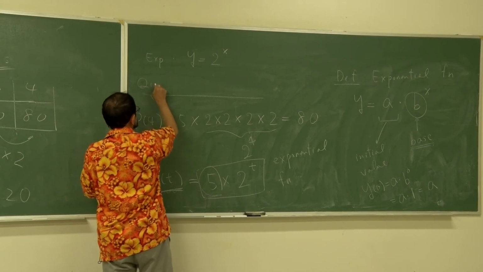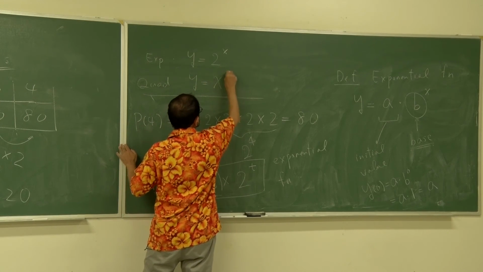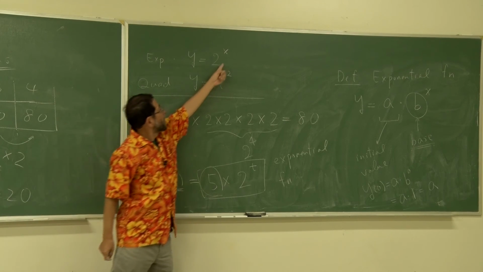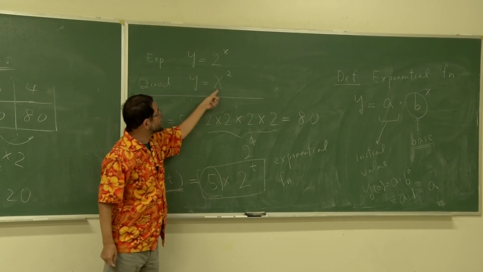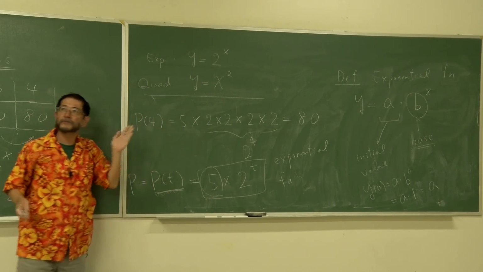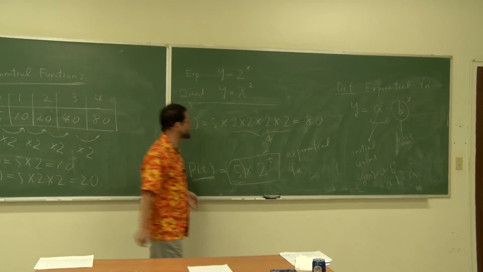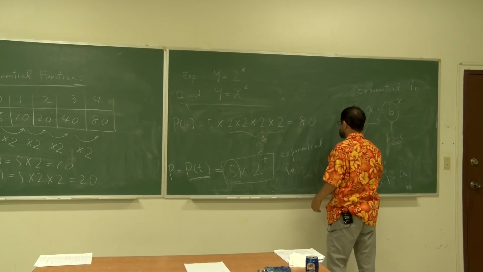What is a quadratic function? That's y is equal to x raised to 2. Both look the same, but here you have to view the exponent as the input, and there you have to look at the base as the input. So that's the difference between the two functions, and the graphs of these are very different.